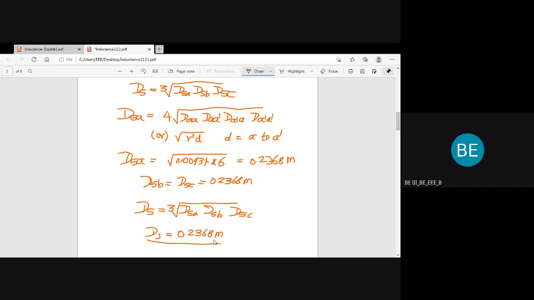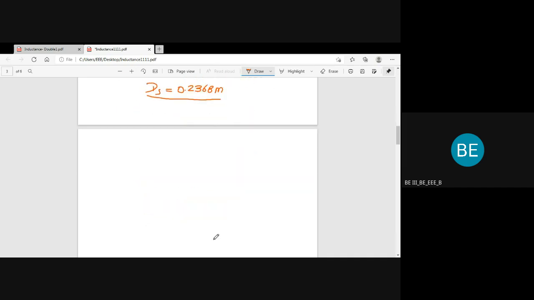Now we have to compute Dm. So Dm again is the cubic root of. So M we can say is the mutual distance. So the mutual distance is D_AB, D_BC and D_CA. So we have to compute first D_AB.